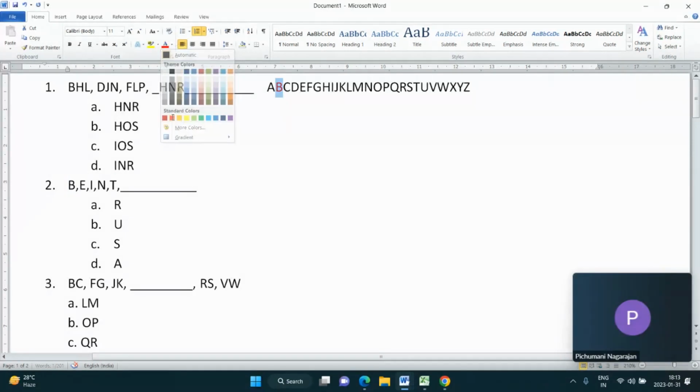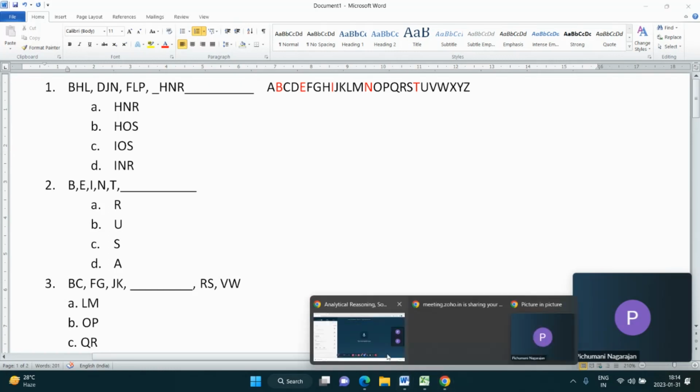I am marking B. Next is E. Next is I. Next is N. Next is T. Now tell me what will be the answer. I have marked this for you.